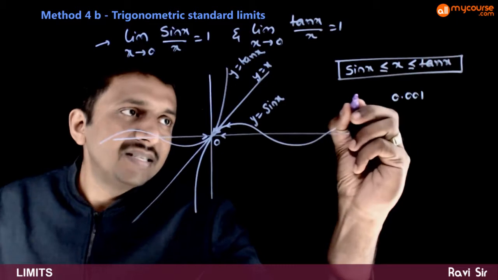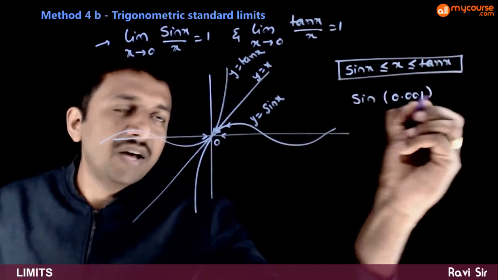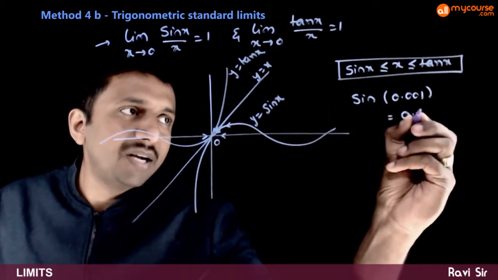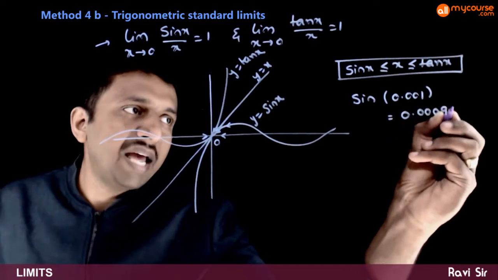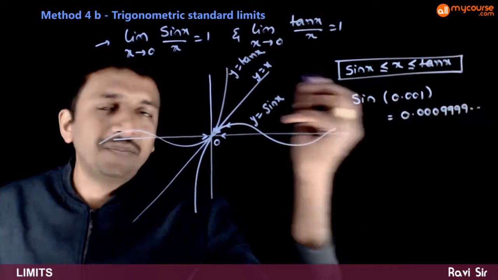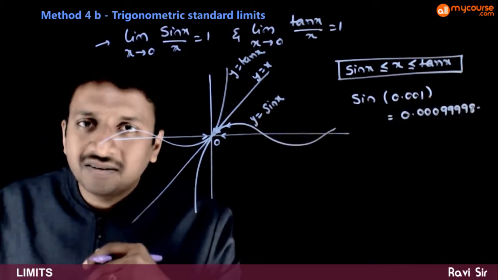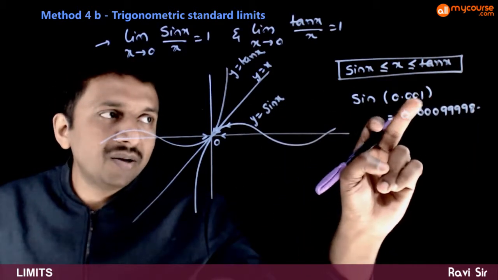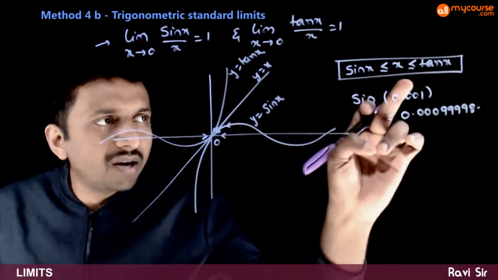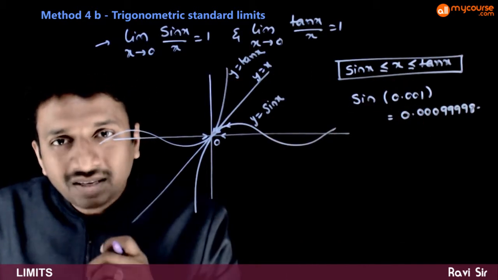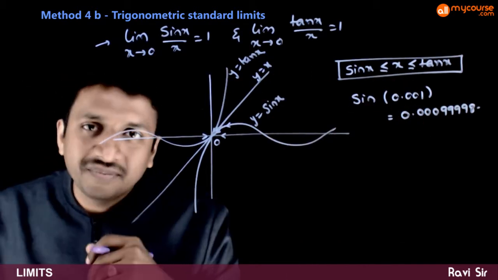It will be something like 0.00099999, and so on. So sine 0.001 is very close to this, but slightly on the lower side.